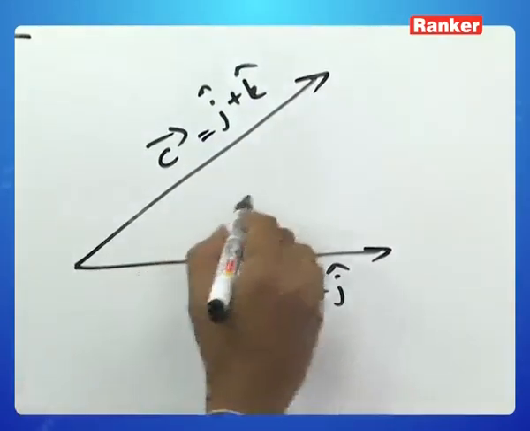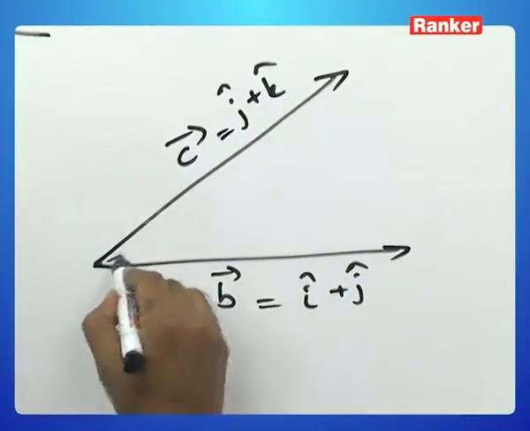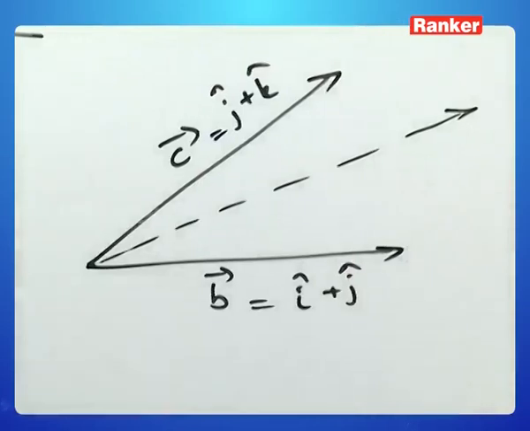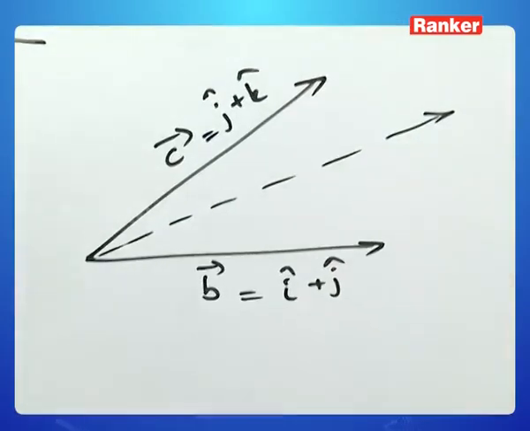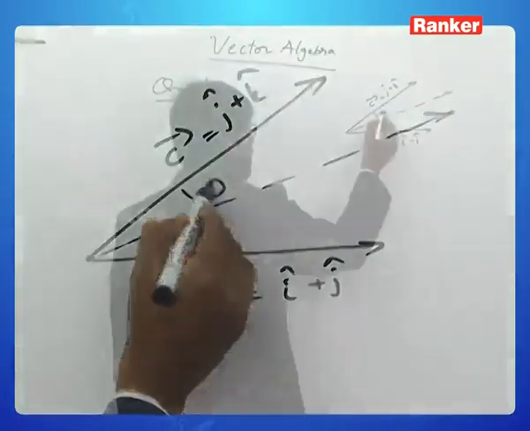Now this vector a bar is known to bisect the angle between them. This is some theta and this is also theta.